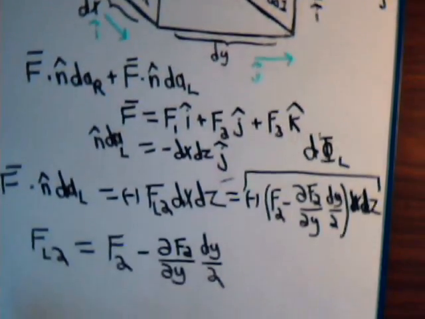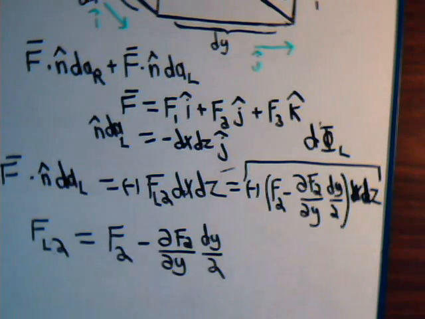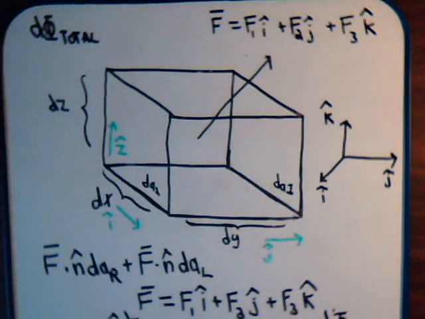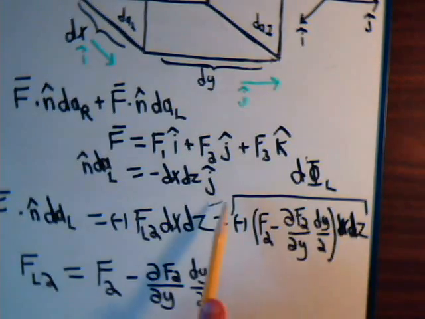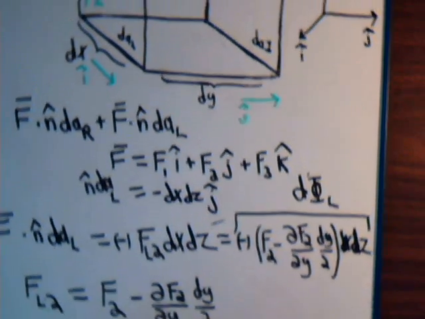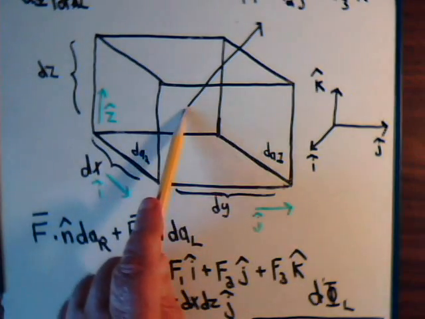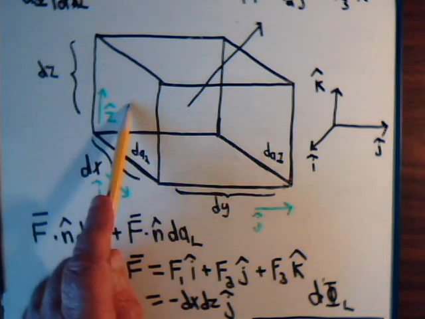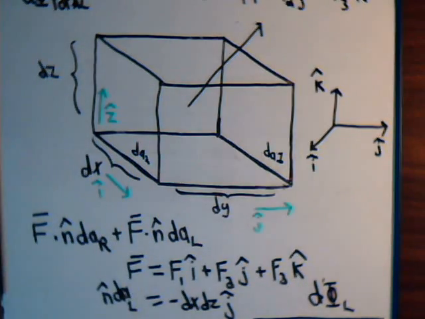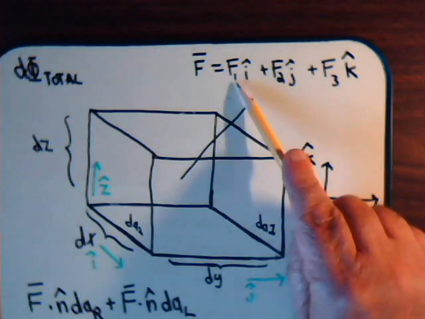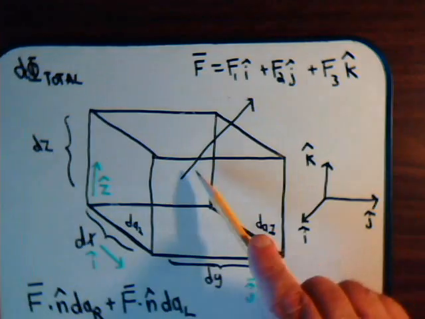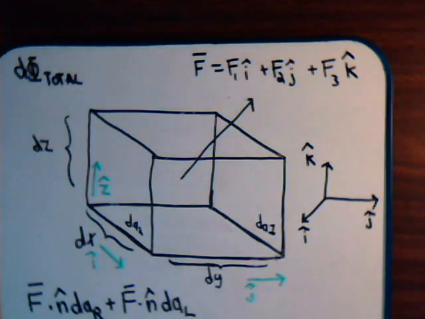And again, let's just go over this one more time because this step right here is crucial. We're taking the dot product of our vector with this, but after we move the vector from here a distance of minus dy over 2. When we do that, because each one of these components is a function of x, y, and z, we move the vector over to here, and we've changed the vector.